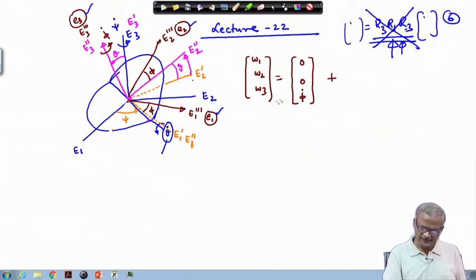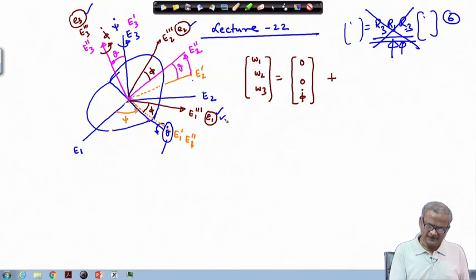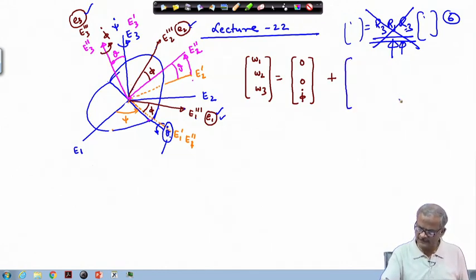So, the next rotation, this theta dot can be converted to E 1, E 2 and E 3 by just one rotation. Here we take this as E 1 double prime, E 2 double prime and E 3 double prime. From there I have to go to E 1 triple prime, E 2 triple prime and E 3 triple prime. That can be done just by one rotation about the z axis, by phi.